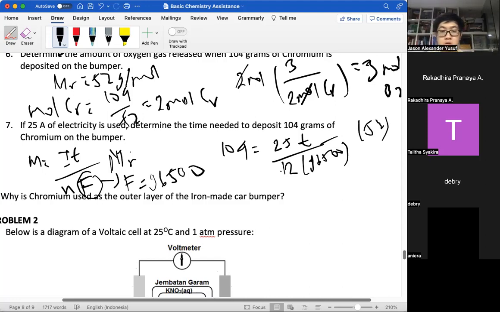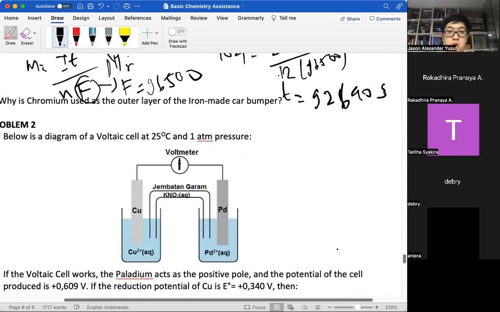I'll just be quick on this. And so the time needed would be 92640 seconds. If you want to simplify it, go ahead. But I'm just going to leave it at that.